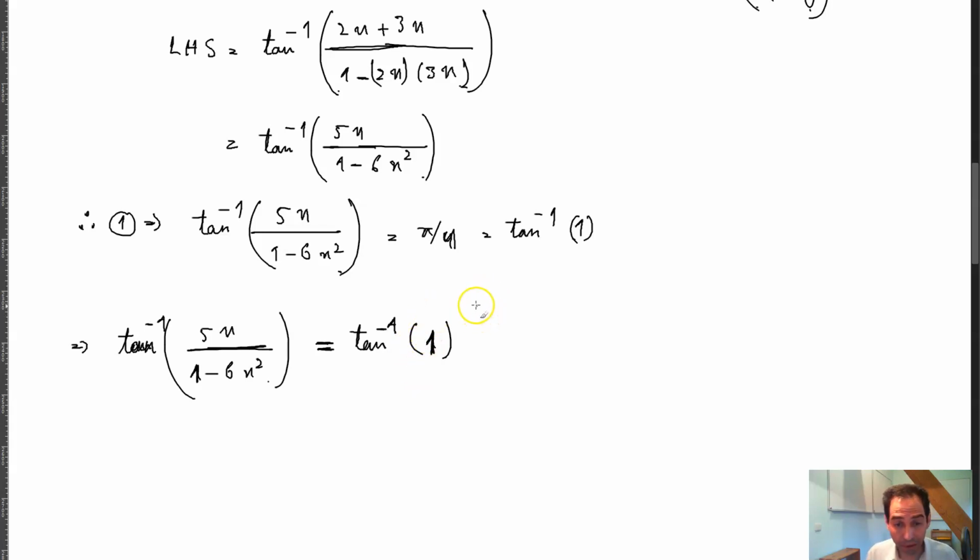And I think the only conclusion that I can make here is that 5x over 1 minus 6 times x squared is equal to 1. Now I have to look at the solution here because I'm not really sure about that.